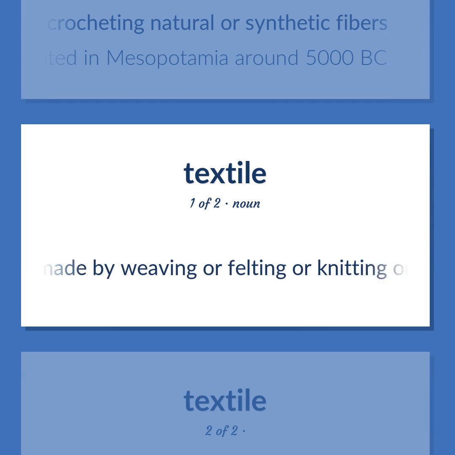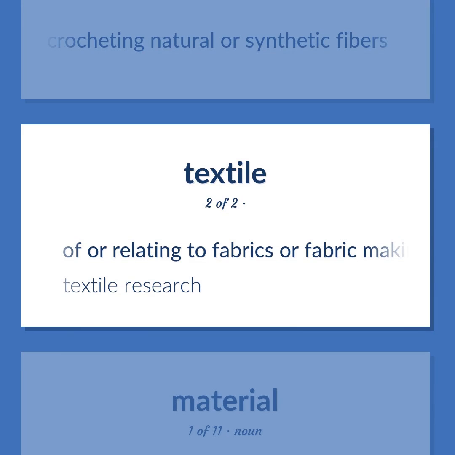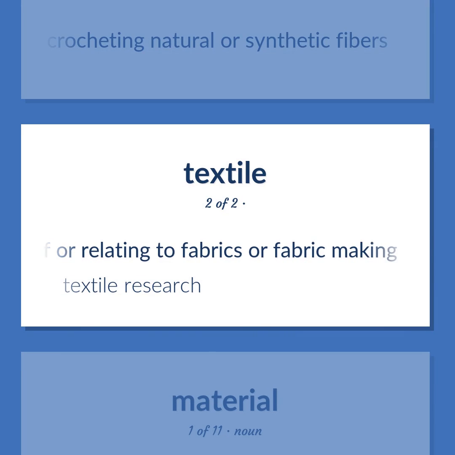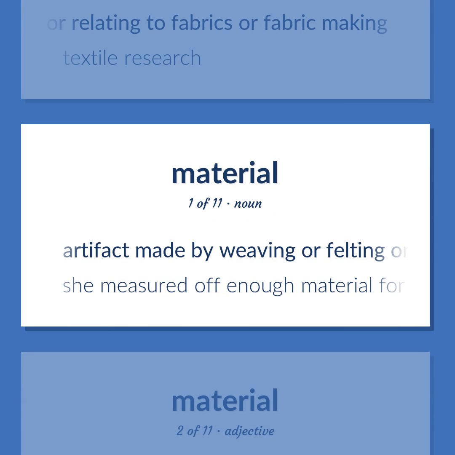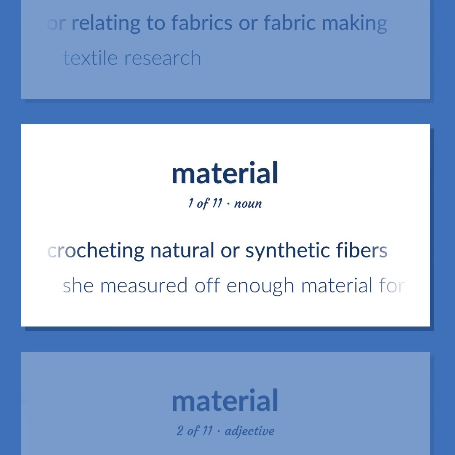Of or relating to fabrics or fabric making. Textile research. Artifact made by weaving or felting or knitting or crocheting natural or synthetic fibers. She measured off enough material for a dress.